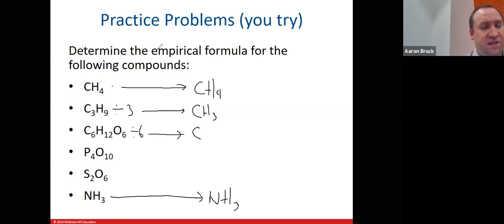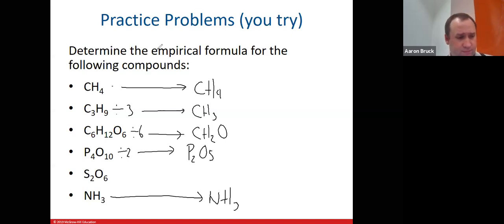I end up with CH2O as a result. P4O10, I can divide each of those numbers by 2, and I end up with P2O5 as a result. Last one here, S2O6, I can also divide that one by 2. I get SO3 as a result.